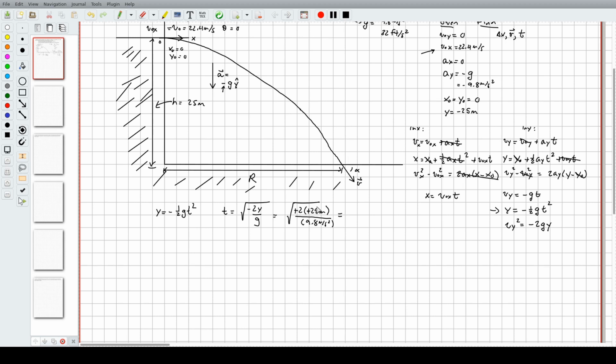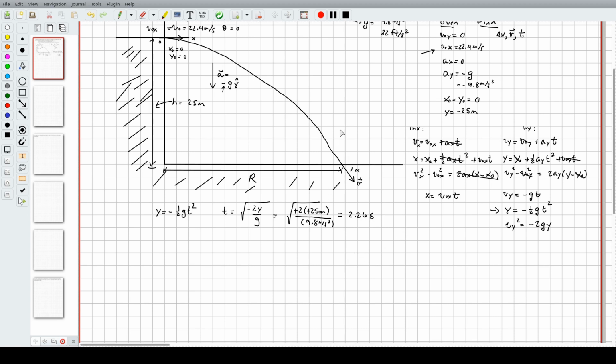Let's see. The square root of 2 times 25 divided by 9.8 is 2.26 seconds, approximately. And that's about right.